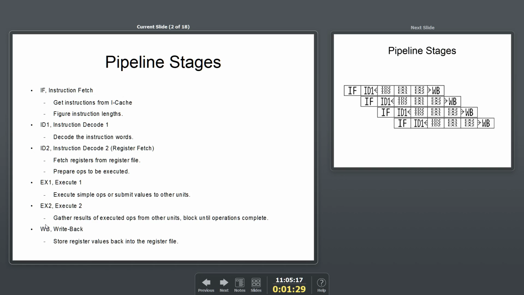Execute 2 gathers the results from those other units back together and will block execution until those operations can complete, as in a pipeline stall. Then there's a write back stage, which stores back the registers to the register file.